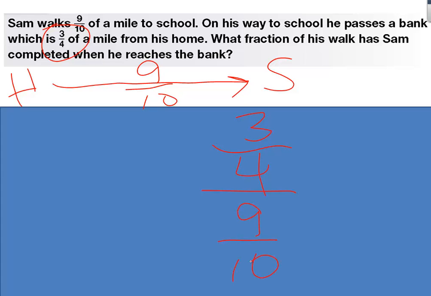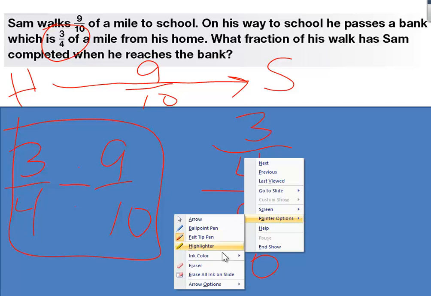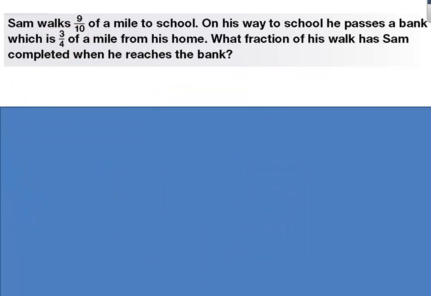So now we can see it. Which is our dividend and which is our divisor? Well, it's 3/4 being divided by 9/10. Now you see it in this form here. You should know which number you're going to take the reciprocal of. So we're going to take our 3/4 and multiply it by the reciprocal of 9/10, which is 10/9.